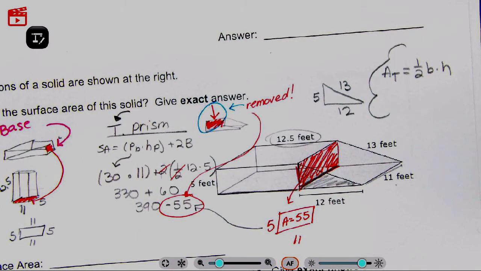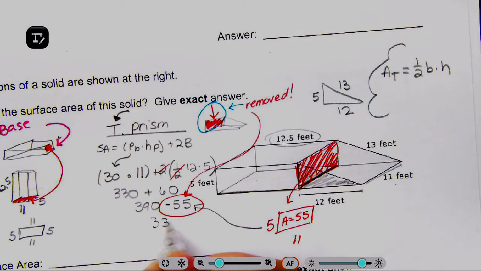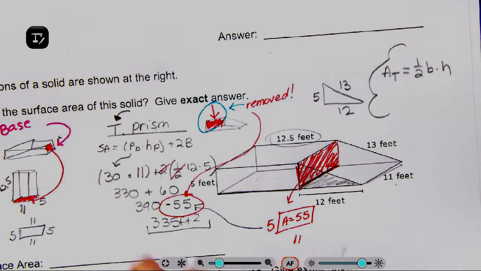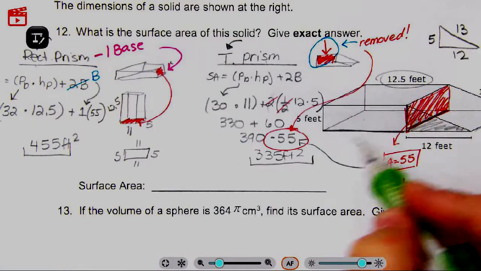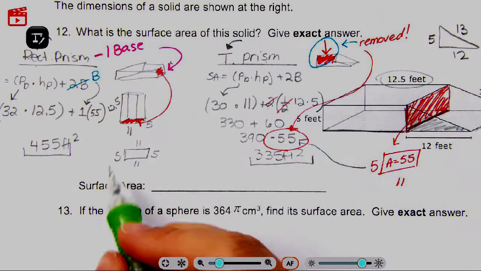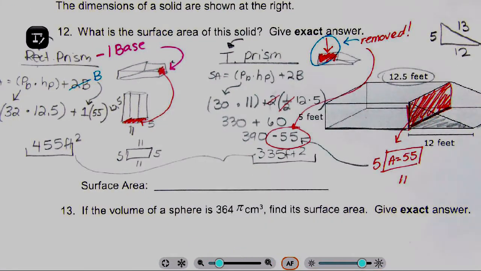So I have 390 minus 55. I have 335 feet squared. Again, what are we solving for? Surface area of the prism with a triangular base. Now, if you have subtracted already everything that you've removed, at the end for surface area, you're always going to add.